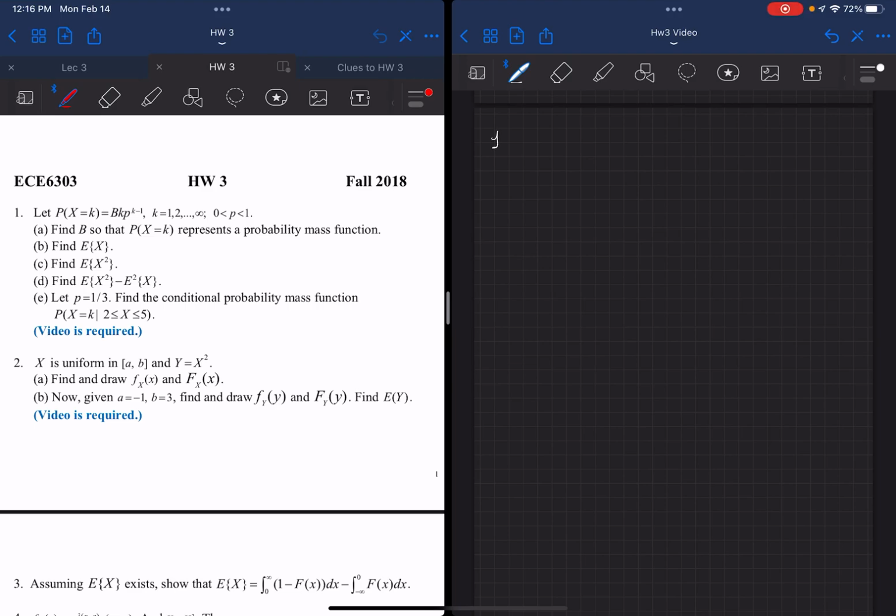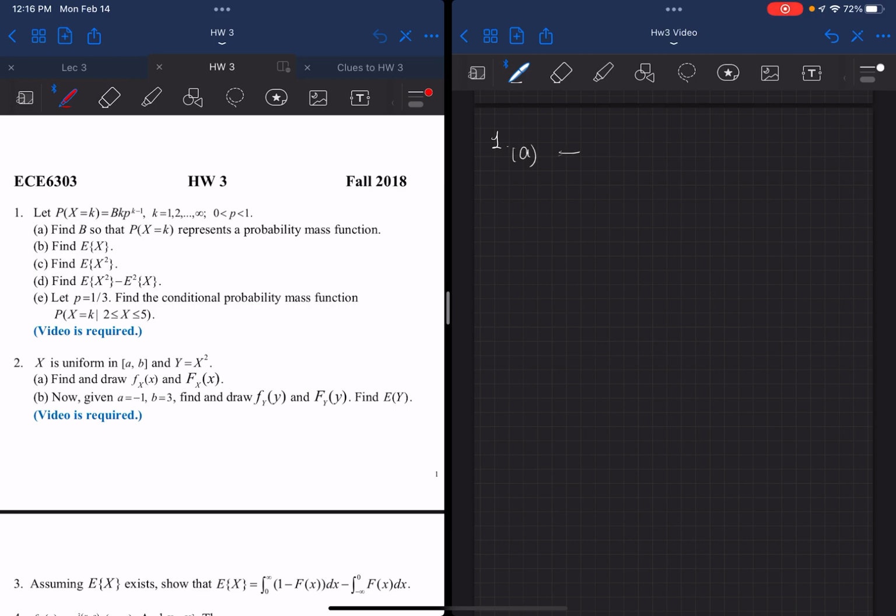For problem 1, the first question says P represents a probability mass function, so the sum of this probability mass function from k equals 0 to infinity should equal 1.